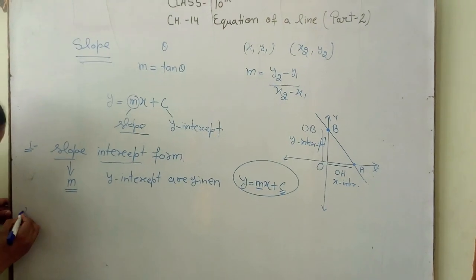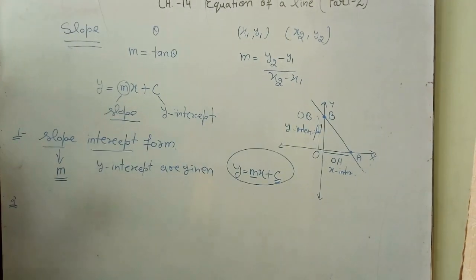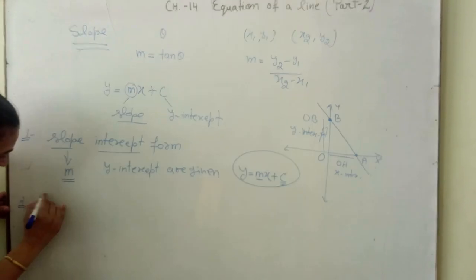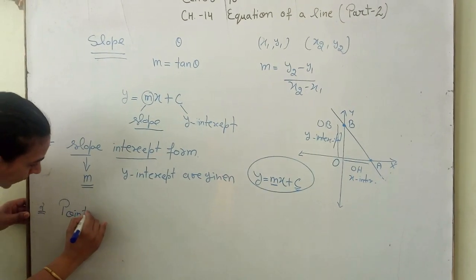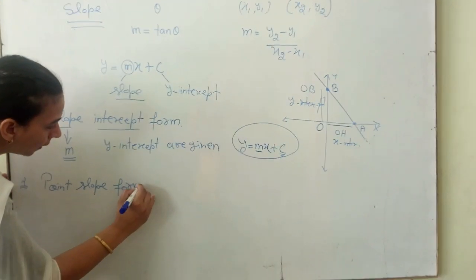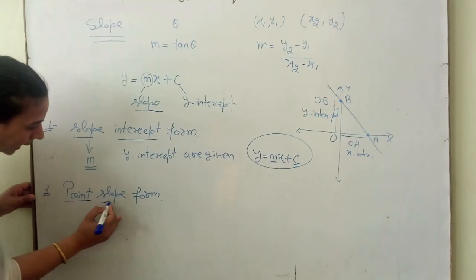This is the first type for finding the equation of a line. Again, type number two. First type slope-intercept form. Second type, point slope form. Students, a point and a slope.